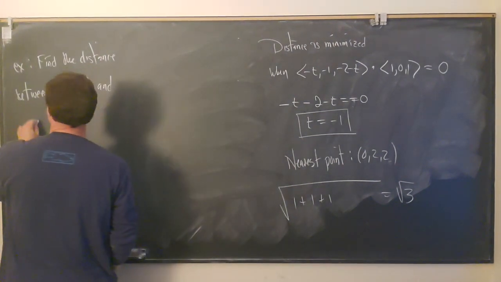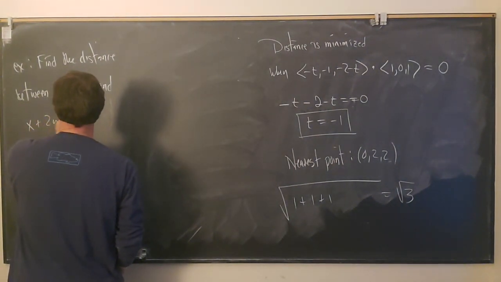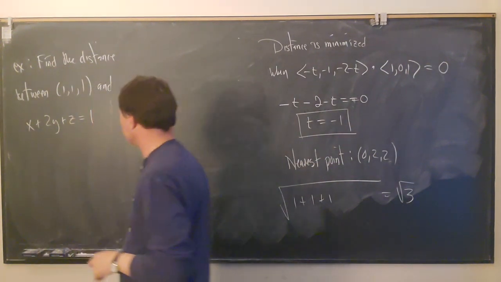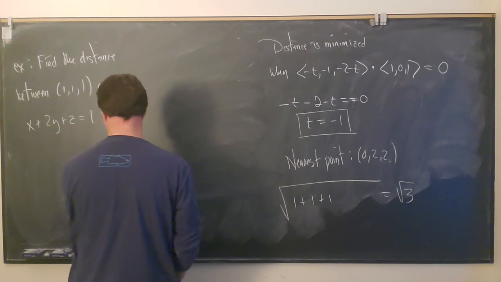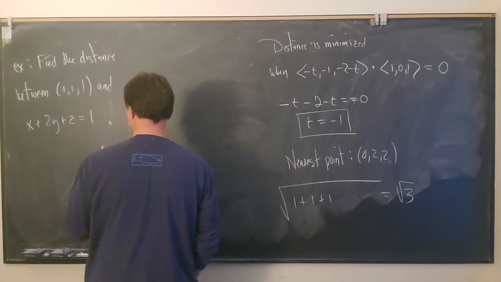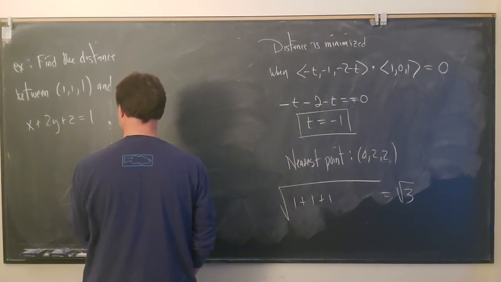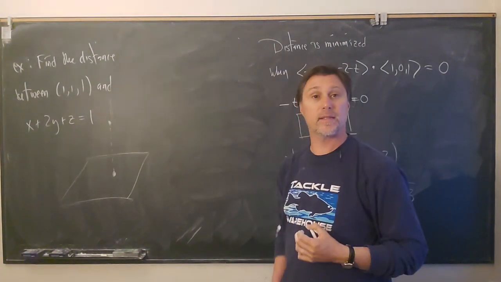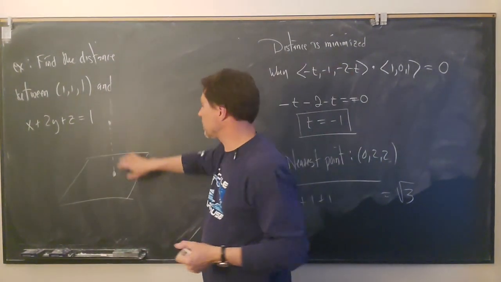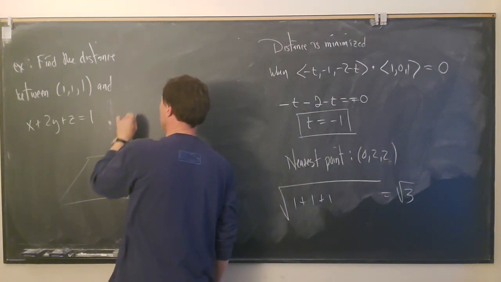So x plus 2y plus z equals 1. All right, so this is going to be the same idea in the sense that we want to find the point that minimizes the distance, and then we're going to measure the distance between these 2 points.